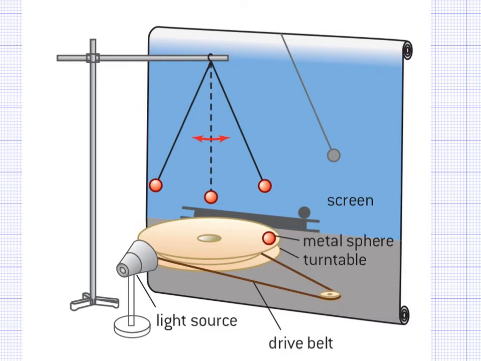Now imagine you're shining a light, here's the light, and you can see the shadow on this screen. If you were to match the motion of the pendulum to another metal sphere that's attached to a turntable, you can see the shadow of this metal sphere on the turntable right here.